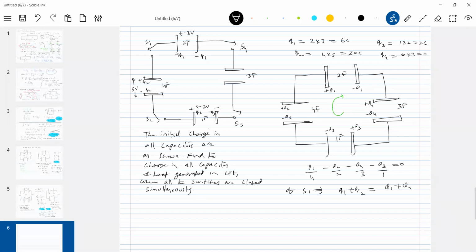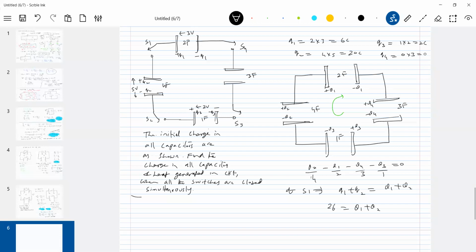Plus Q2 by 4 minus Q1 by 2. This is at one value. So we know Q1 plus Q2 is 26. So 26 equals Q1 plus Q2.